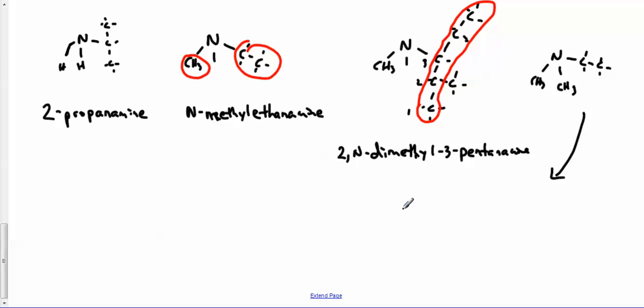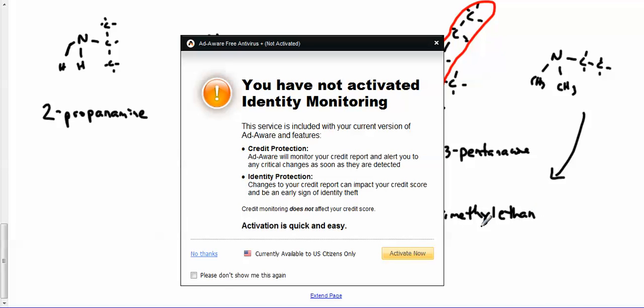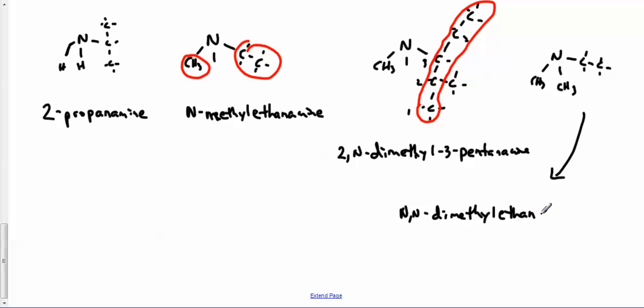The two methyl groups are off of N, so I'm going to go N, comma, N dash dimethyl ethanamine. No need for a number here because it has to be attached to number 1. Here, it can be attached to a few different places. And that's what you need to know about amines.